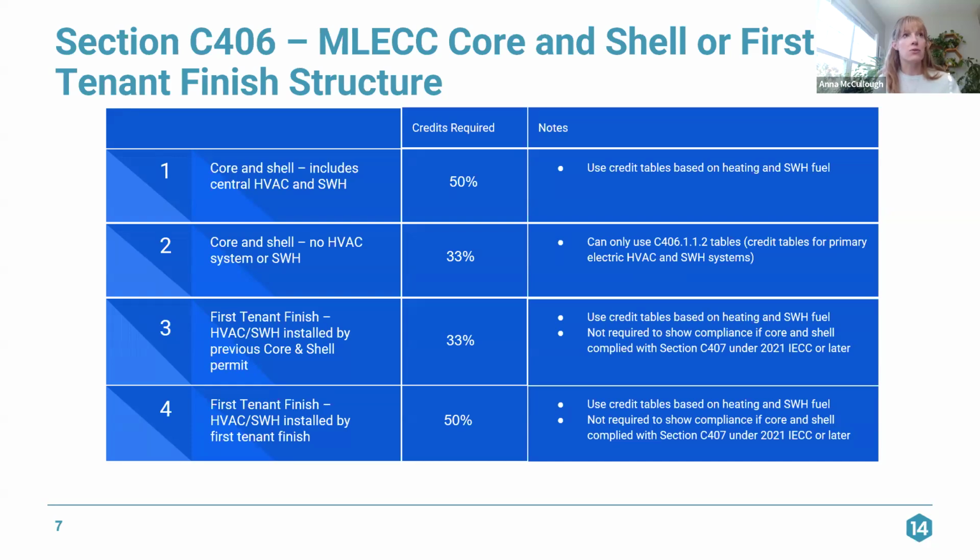You really need to use envelope and HVAC and lighting all together to reach those higher point thresholds. So this is a way to encourage additional energy efficiency for these buildings without making them so difficult to comply that they can't be built.